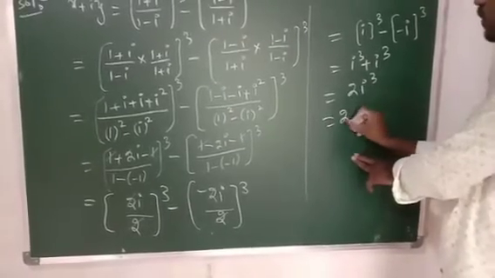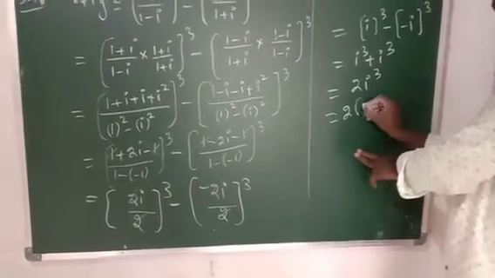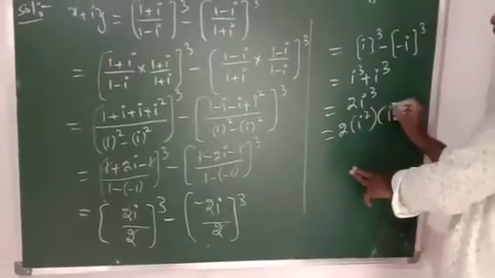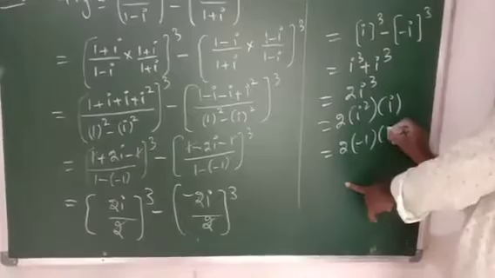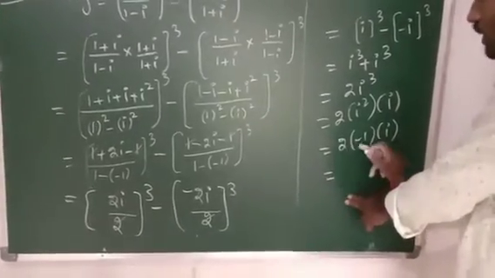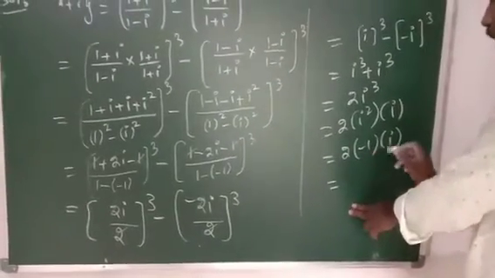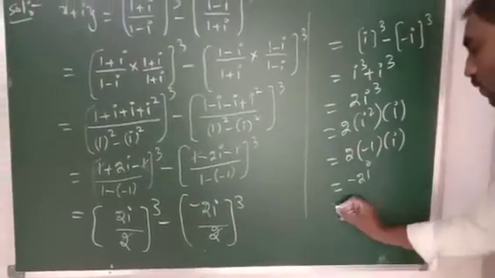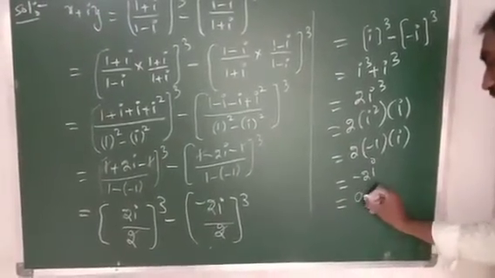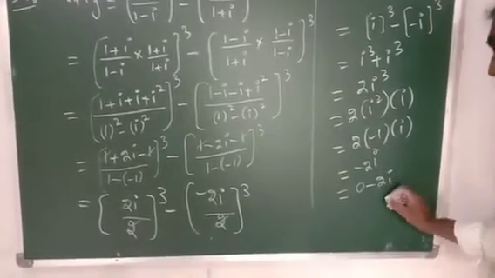So this is equal to 2 into i cube, which can be written as i square into i. So this is equal to 2 into i square, whose value is minus 1, into i. So 2 into minus 1 is minus 2, and minus 2 into i is minus 2i. So here we can write 0 minus 2i.